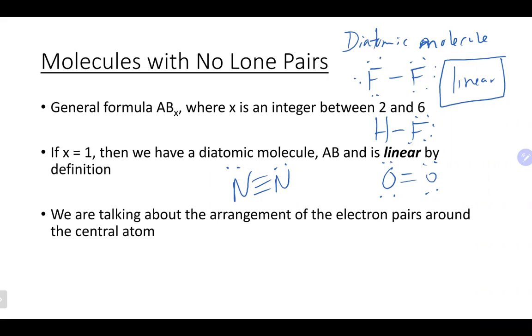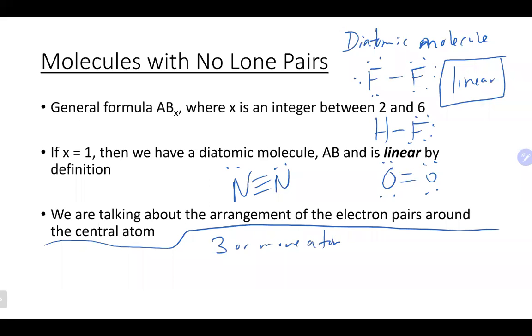When you have 3 or more atoms, there are really 2 important things to look at. First, look at the center atom and how many electron pairs it has.